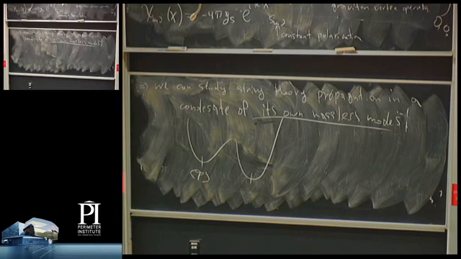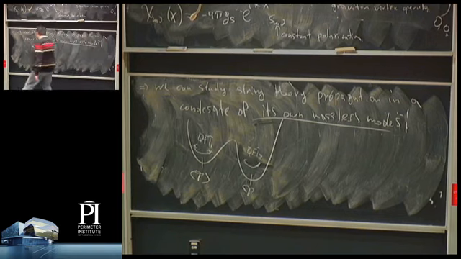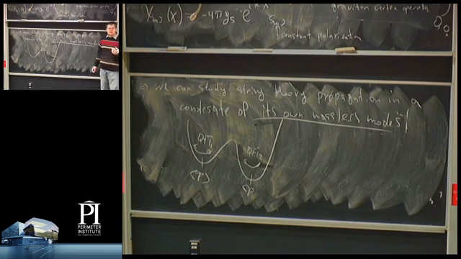Suppose I have a phi to the 4th field theory that has a complicated potential, right? Now I can study perturbation theory around different possible condensates. My field phi has condensates that must describe the perturbative vacuum of the theory.